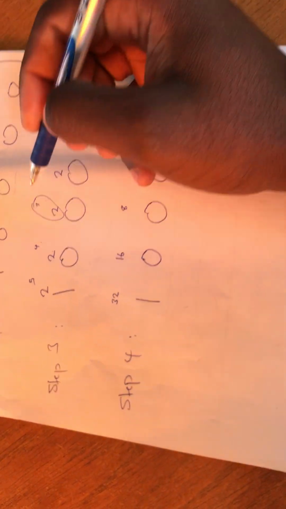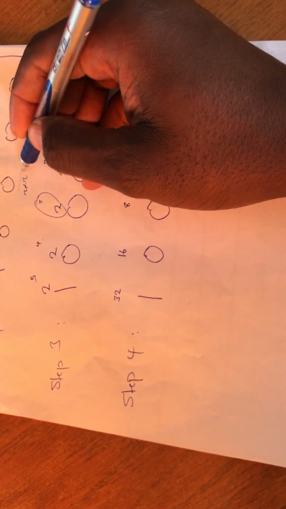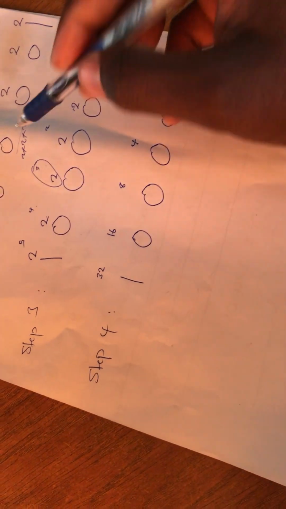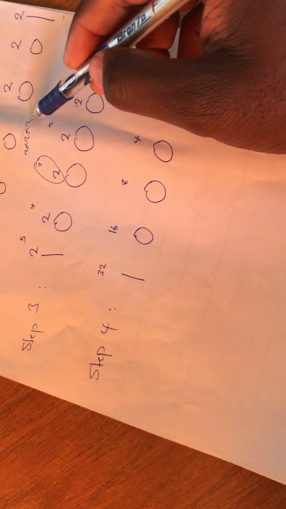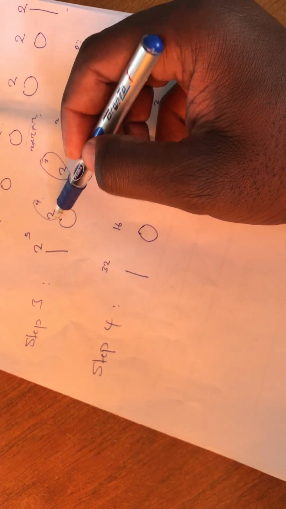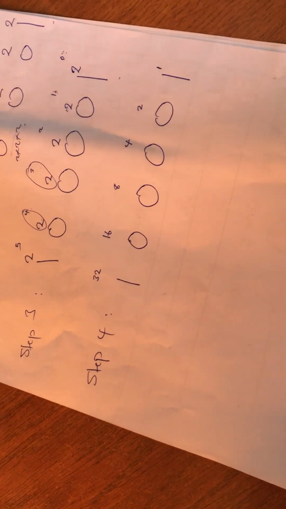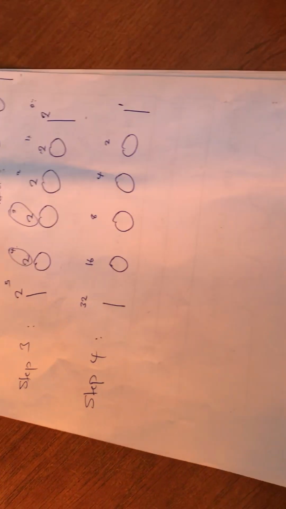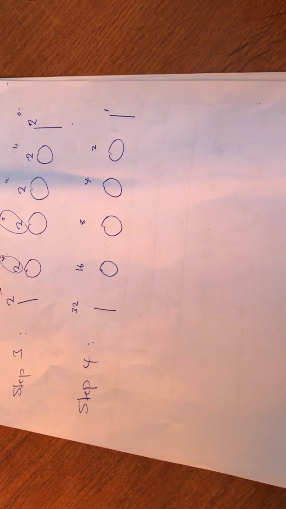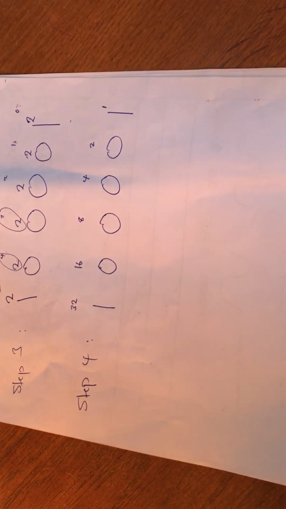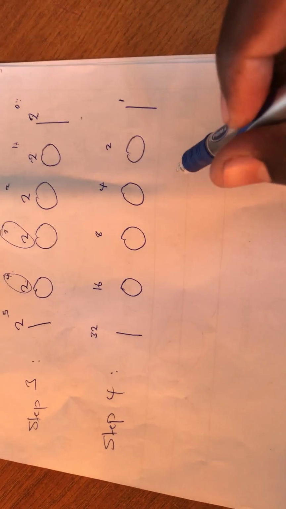So 2 to the power 3 is like 2 times 2 times 2. So 2 times 2 is 4, times 2, it's 8. So 2 to the power 4, it's like 2 times 2 times 2 times 2, which gives us 16. And the other one gives us 32. So we come to this stage now.